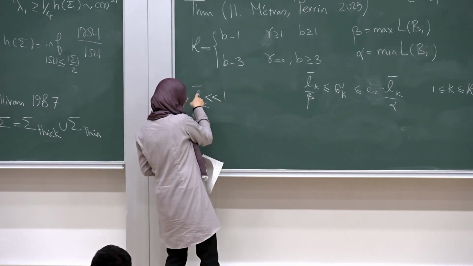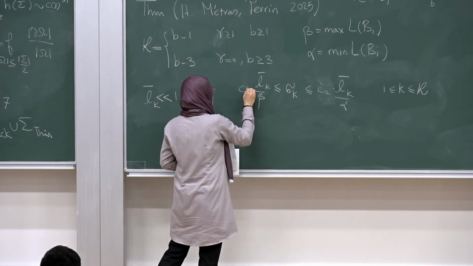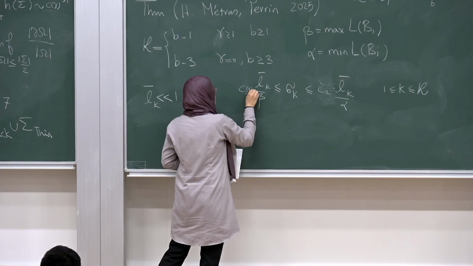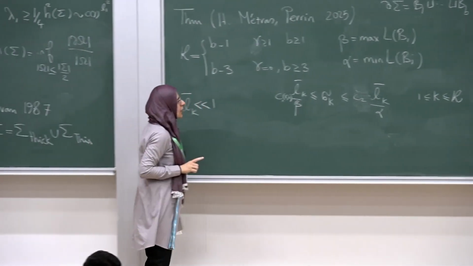We have a full result when we don't put this condition. Here this depends on gamma and B. Here is a topological constant, here is a universal constant.